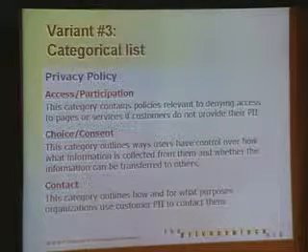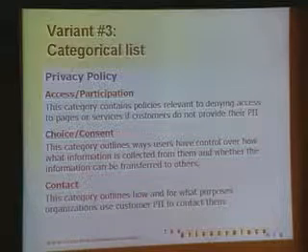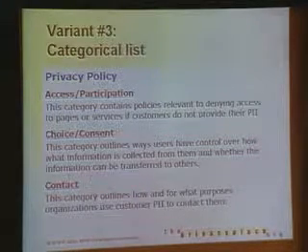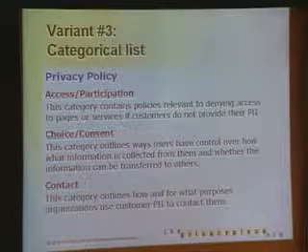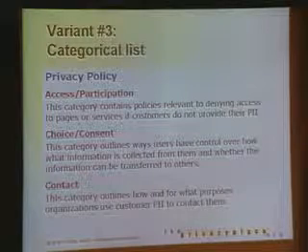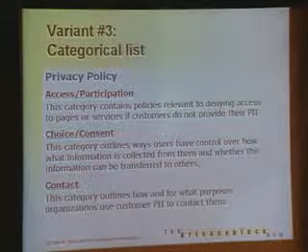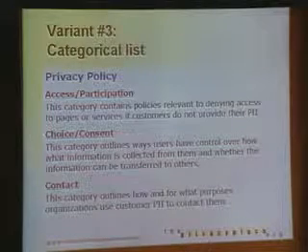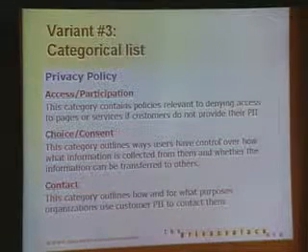The third variant is a categorical list. So what we did was we gave the different categories of the taxonomy, we provided those and gave a link, like up here. This is just 3 of the categories. And we gave a quick definition of each of the categories. And if the consumer wants to find out more about what the company does in that particular area, they can simply click on the link.